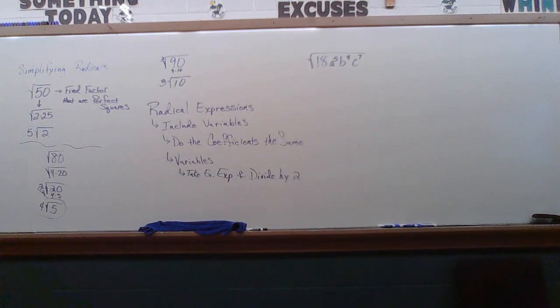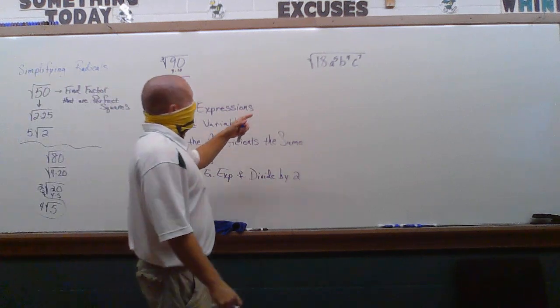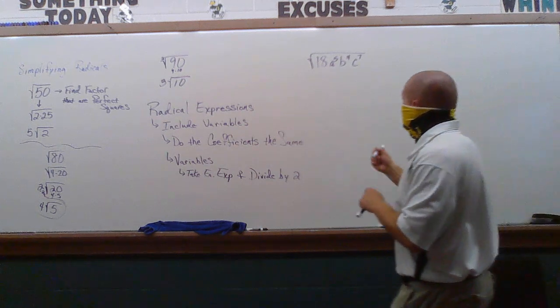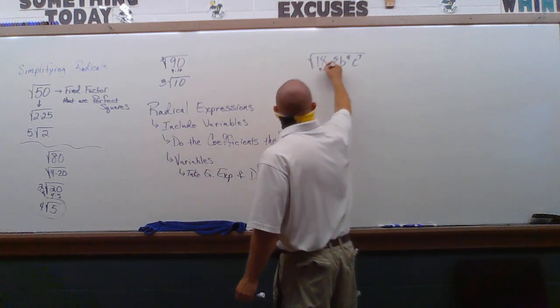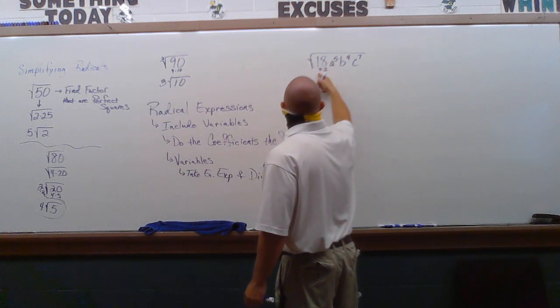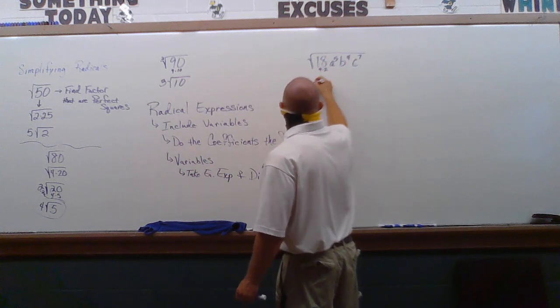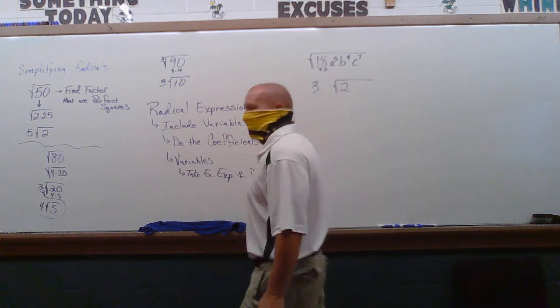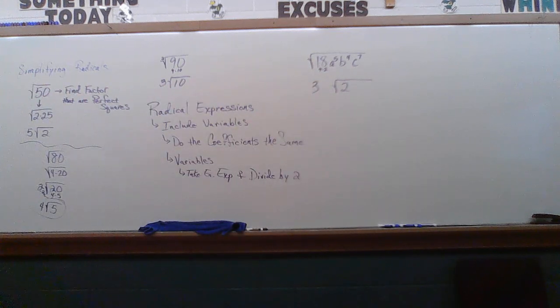So again, I'm going to do the exact same thing that I did with the numbers before. What's a perfect square in 18? 9 times 2. So square root of 9 goes where? Outside, right? 2, I can't do anything with, or at least no perfect square, so I'm going to put it on the inside.